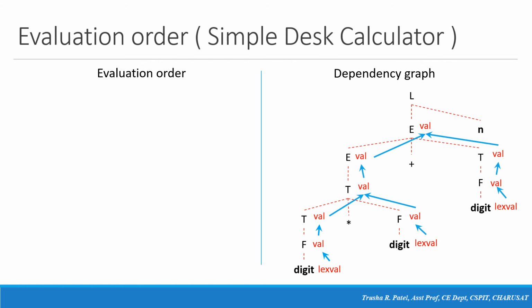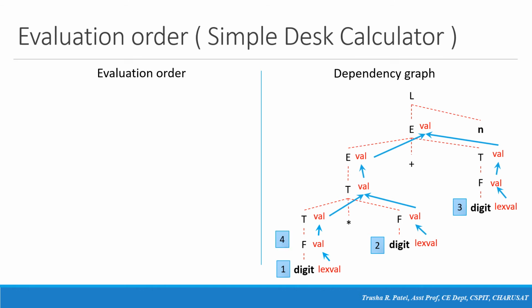Now, for the dependency graph which we constructed earlier for the simple desk calculator, let us construct the evaluation order. First, we have to find the lexical value of this digit, then the next digit's lexical value, and the third digit's lexical value.